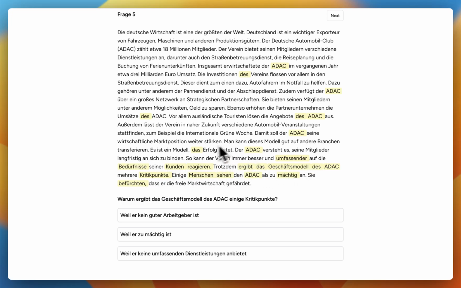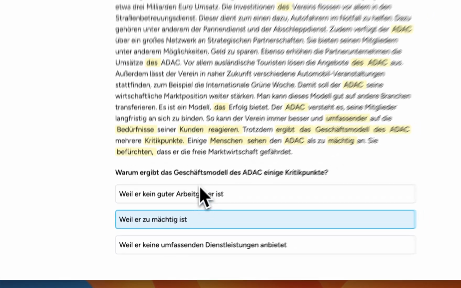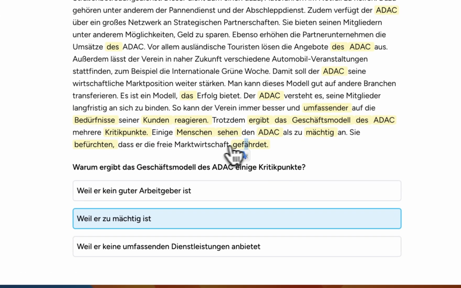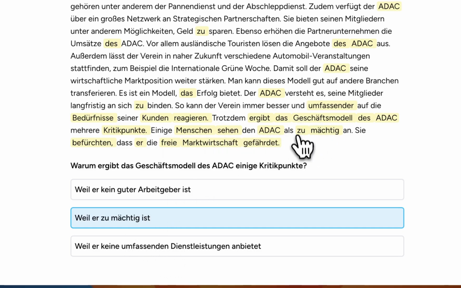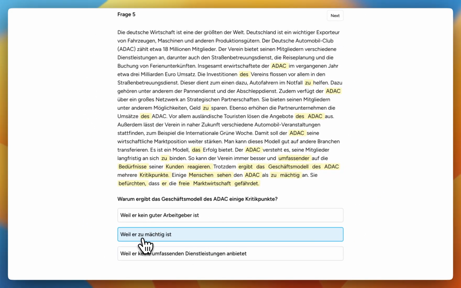So this is the area of the text that we are interested in, and we can see that Menschen sehen ADAC als du mach dich an. And they prevent the free market economy. Something about free market economy. So zumachen means to close. So probably this.